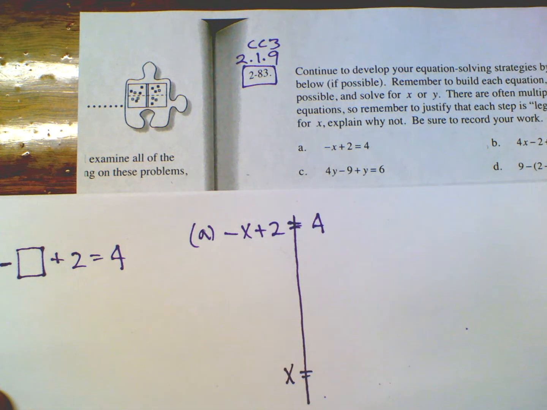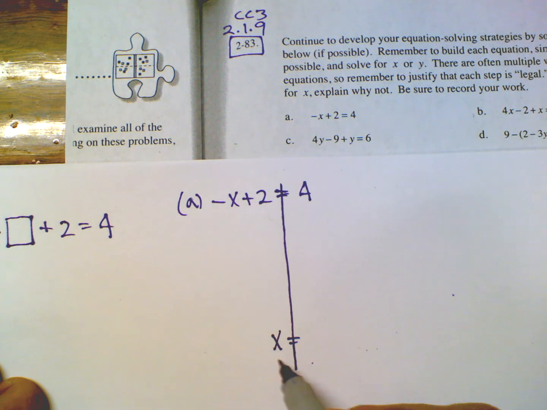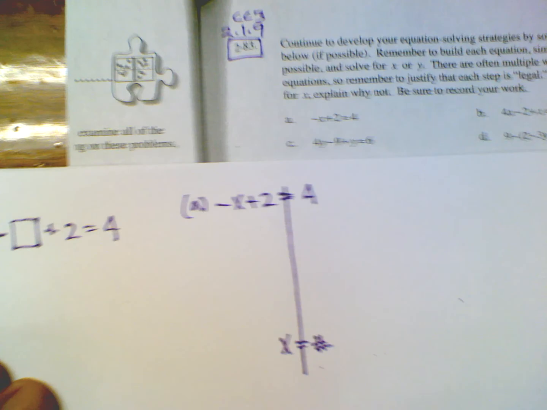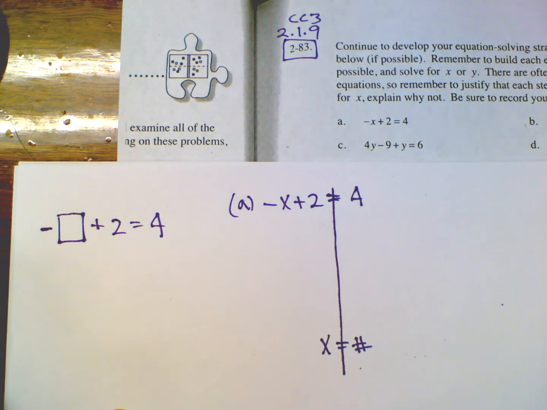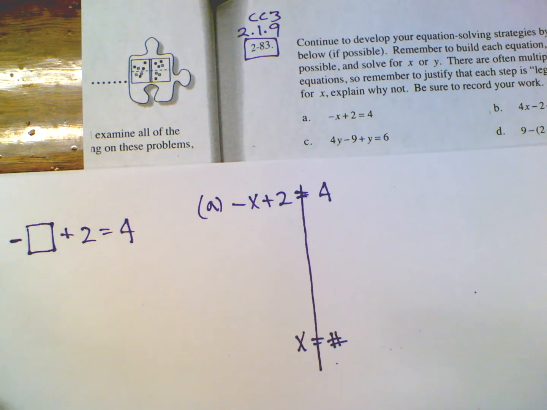The goal at the very end is to have your variable all by itself on one side and the number on the other. And that right there gives it away. It tells you what that number in that box has to be. So that's what we're looking to do.